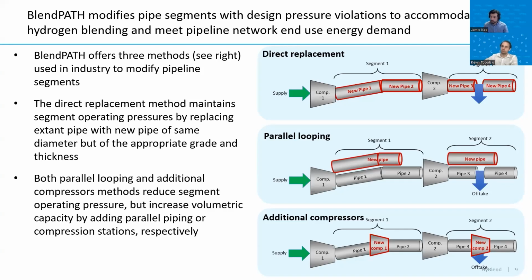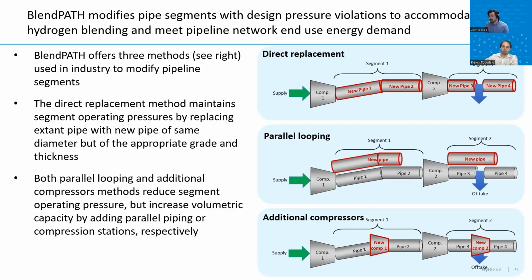The next 2 methods are parallel looping and additional compressors. Both of these reduce the segment operating pressure, but increase the volumetric capacity by other means. In the parallel looping method, as the name says, we add a loop parallel to the existing pipe.